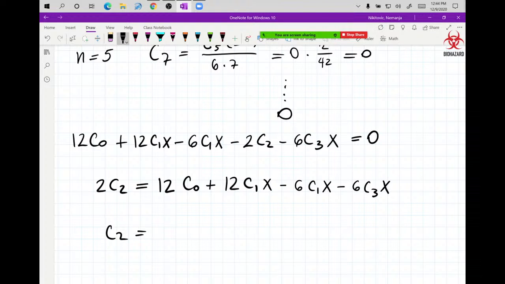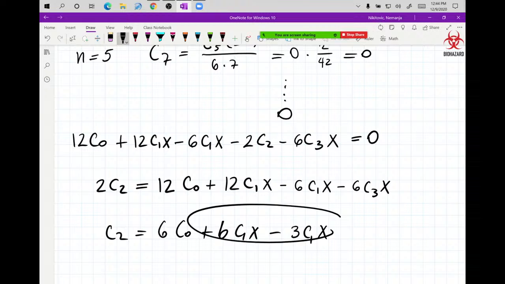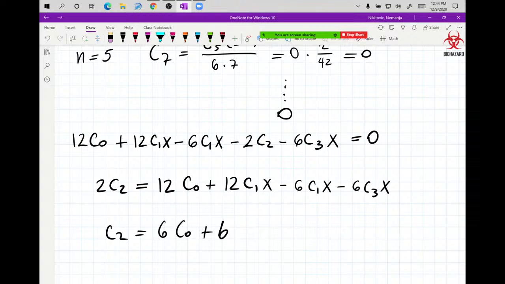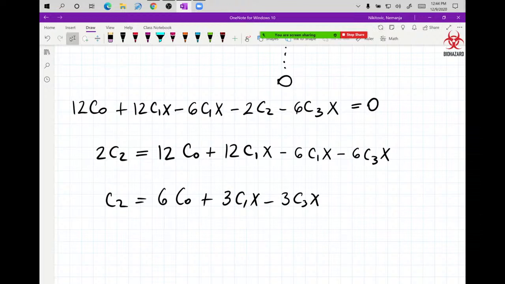So C2 is equal to 6C0 plus 6C1x minus 3C1x. Why am I not combining these two? That's a 3C1x. If I copied everything correctly, because there's just so much. There we go. Nope, that's not it either.